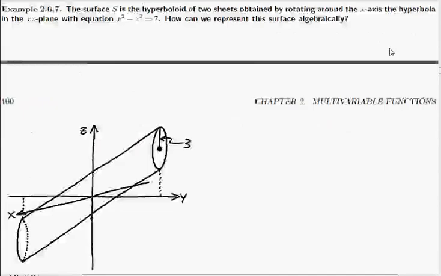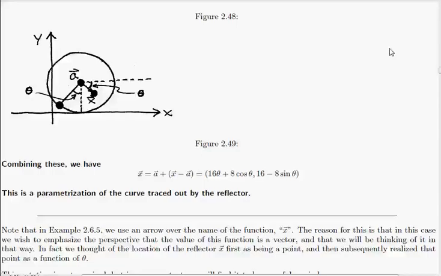See, I didn't parameterize that one. Well, if you look at the bicycle reflector example, I found some parameter, in this case theta, that I could use to describe where the reflector was.